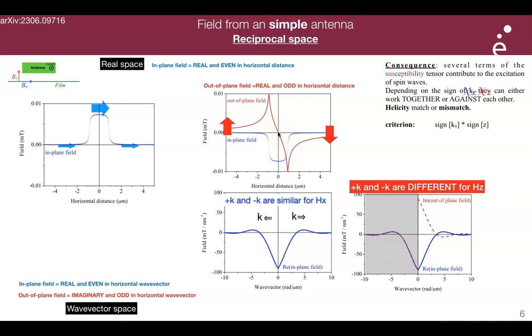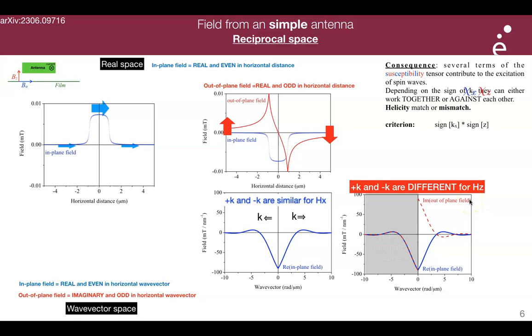So if you go to reciprocal space, it will be an imaginary function which is odd in horizontal wave vector. And the spectrum of the out-of-plane field versus wave vector is indeed an odd function. So now you see that while for the in-plane field generated by the antenna, plus k and minus k were similar, here plus k and minus k are different and opposite if you consider the out-of-plane field generated by the antenna.